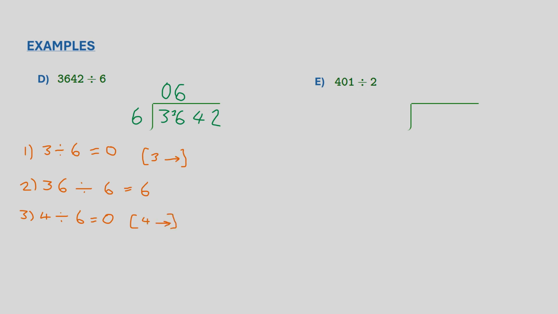Now 4 divided by 6 here works out the same way as 3 divided by 6 did, with a 0 going above in the answer and the 4 being carried over. The final division of 42 divided by 6 completes the sum, and we have the answer.